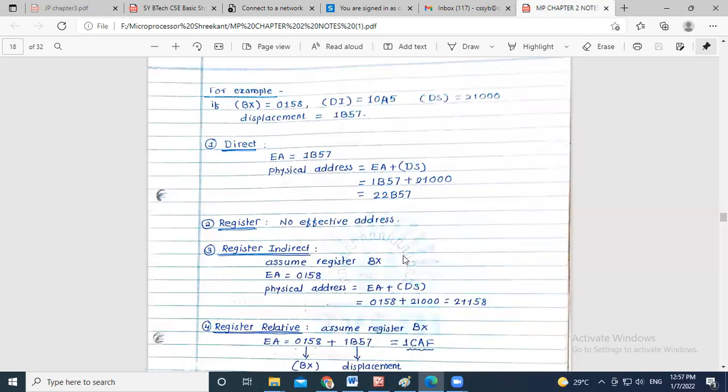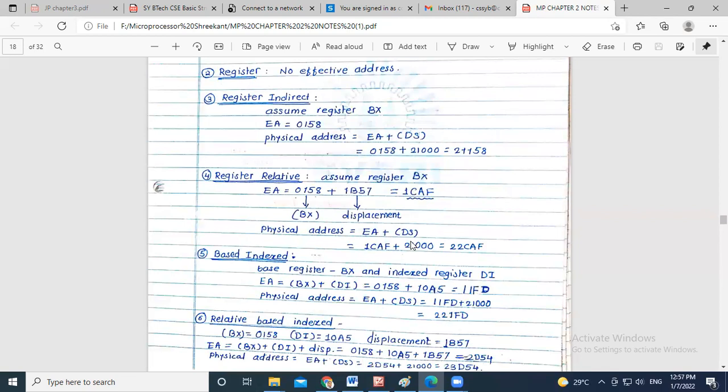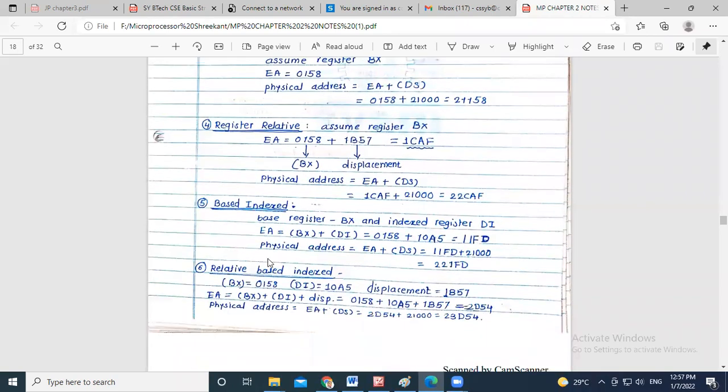So finally we have to find BX plus DI. 0158 plus 10A5 is 11FD. Once we find the effective address, the physical address is the effective address plus DS. So the effective address is 11FD and the DS is given as 21,000.